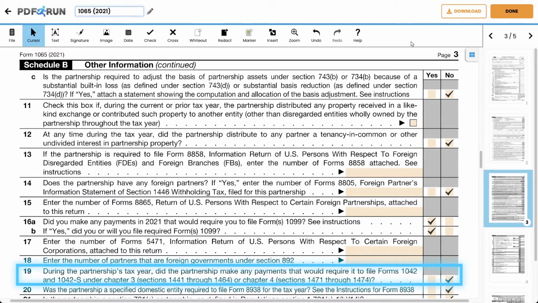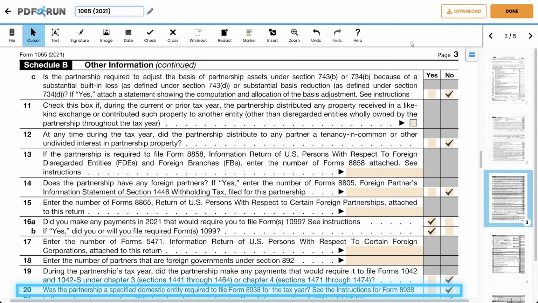Line 19. If the partnership made any payments that would require it to file Forms 1042 and 1042-S under Chapter 3 or Chapter 4, check yes. Otherwise, check no. Line 20. If the partnership is a specified domestic entity that is required to file Form 8938 for this tax year, check yes.